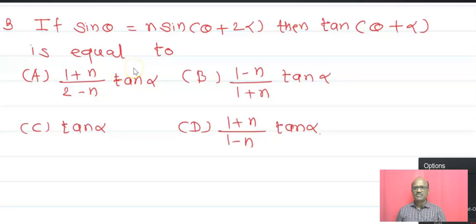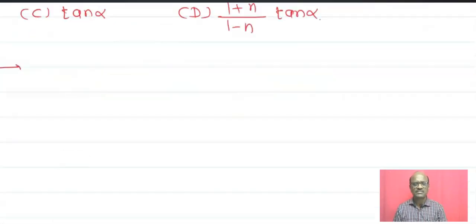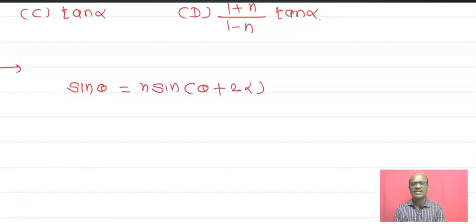See this here. We want to find out tan of theta plus alpha. And we have been given that sine theta is equal to n sine of theta plus 2 alpha. Now we will solve this. That is, sine theta is equal to n sine of theta plus 2 alpha.